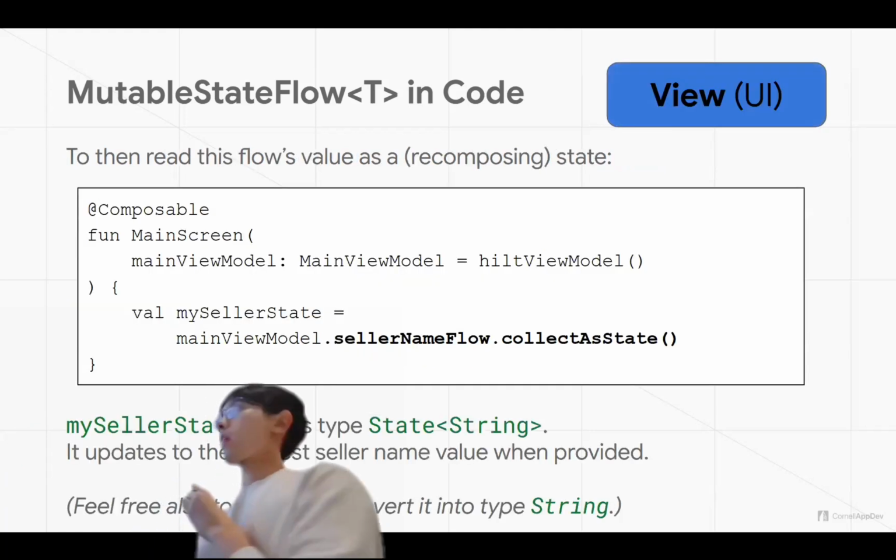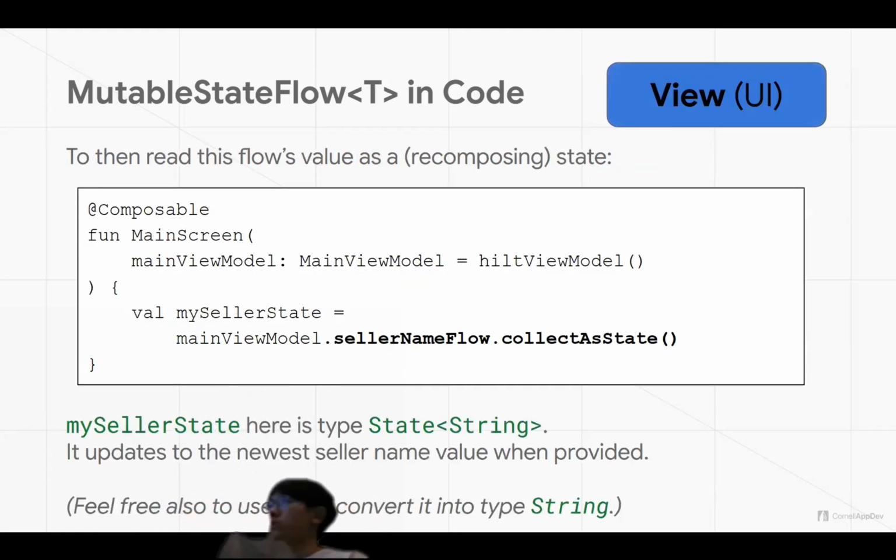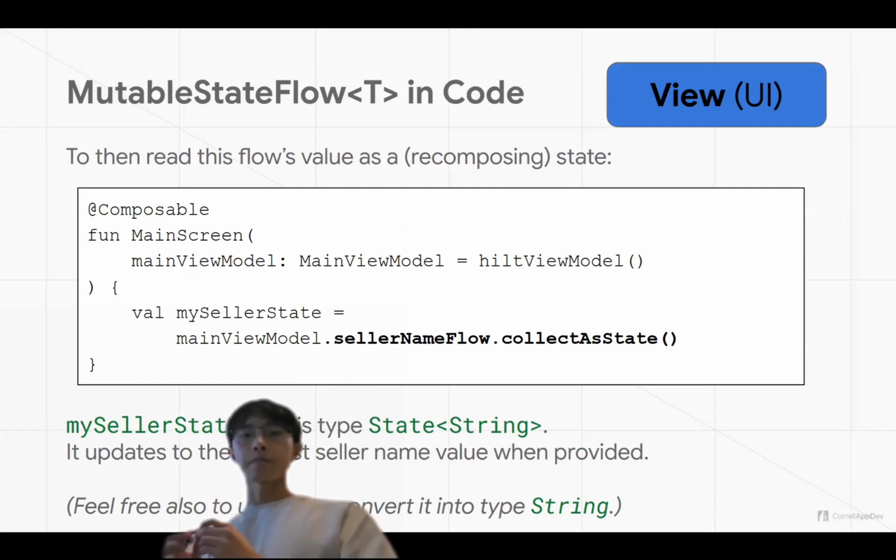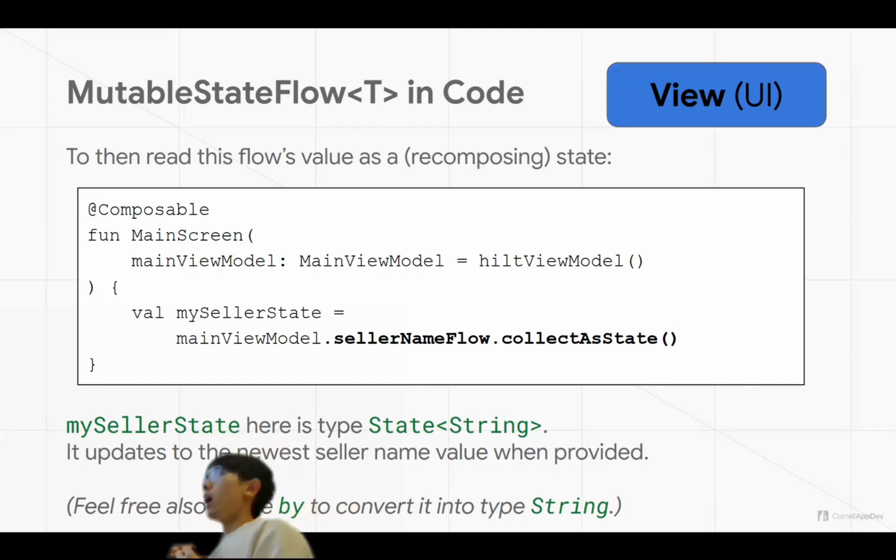And perhaps most importantly, to get this working with Jetpack Compose in the UI, you'll have to call this function here. Recall that we have to convert the flow to a state to get it to recompose with Jetpack Compose, since Jetpack Compose always uses that state class to get things to re-render.